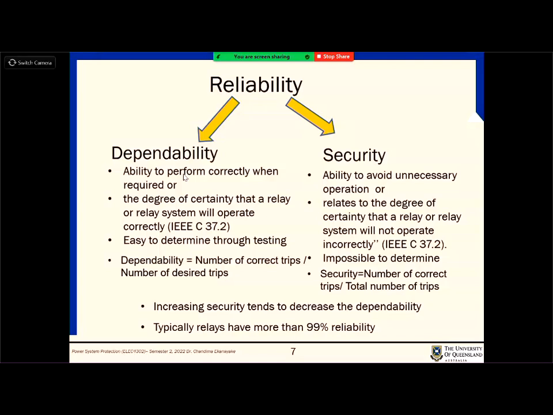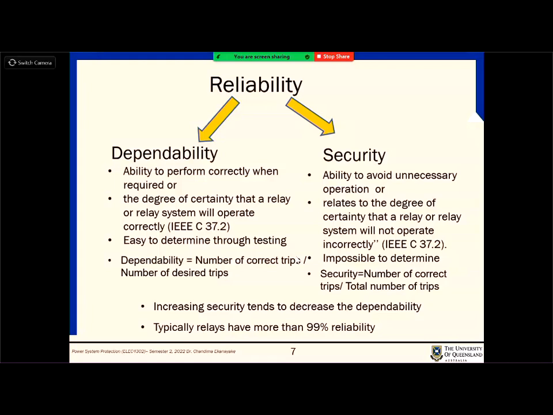Now, how do we measure it? That is the next question. The dependability is the number of correct trips out of the number of desired trips. As an example, there are 5 cases where we want to trip, but the relay tripped in only 4 cases.